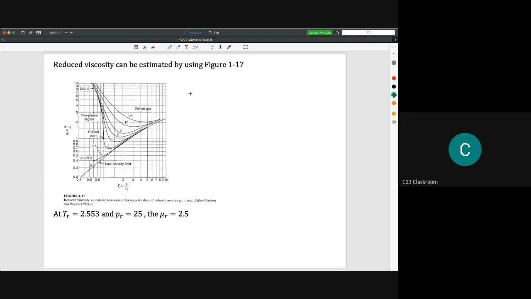But actually, previous researchers have plotted all the values in a graph. What you need to do is find a chart like this. Not necessarily this chart, but the idea of this question is, that's why when you do research, you need to take books like the handbook of fluid mechanics.